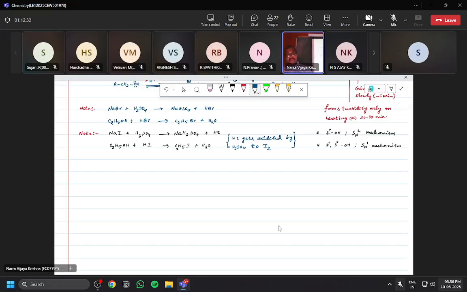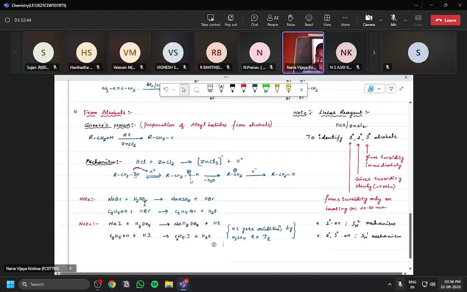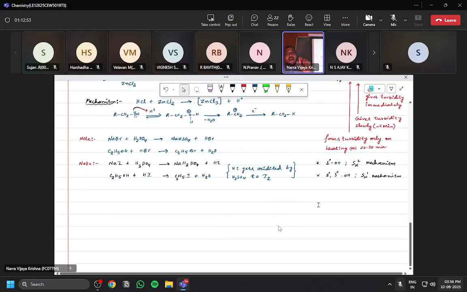Any questions in it? Now, this is one method, Groove's method, for preparation of alkyl halides from alcohols. Next method, by using halides of phosphorus.